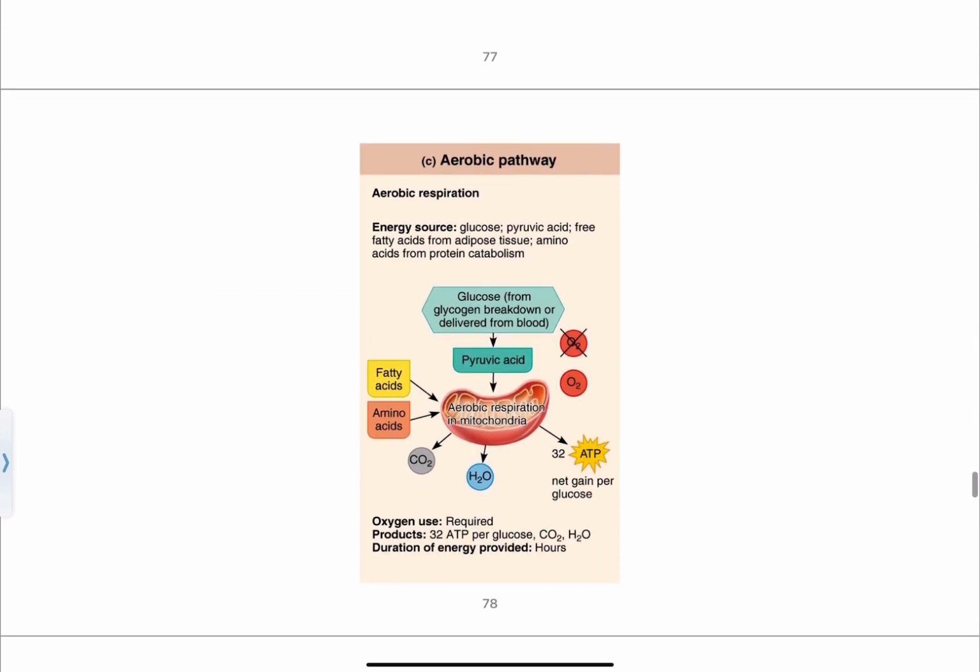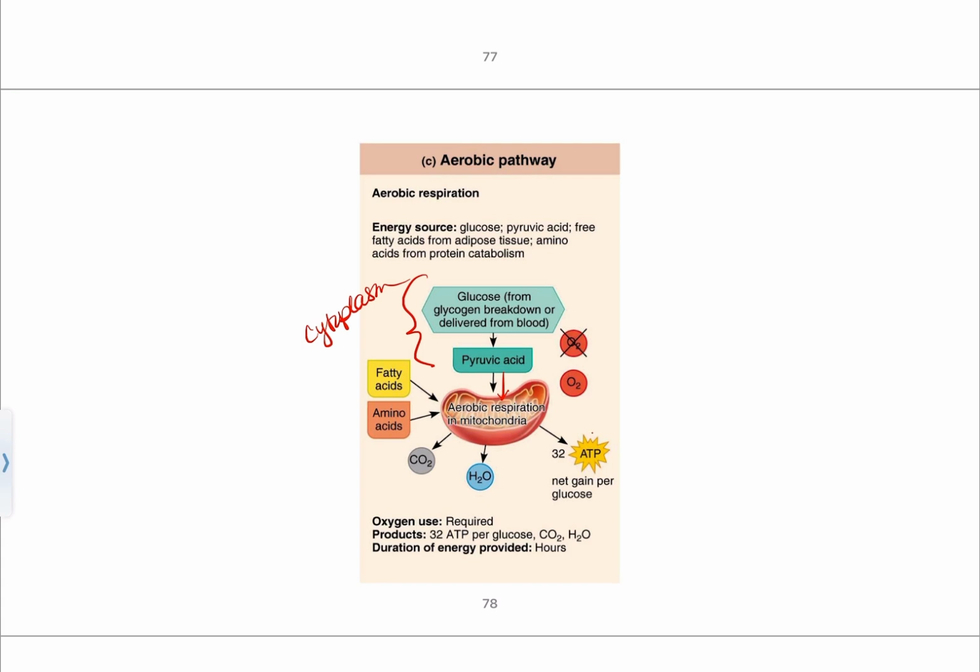So here's just, again, an illustration. We still have glycolysis as part of our aerobic respiration pathway. We're still breaking glucose down into pyruvic acid, but then we take, and again, this is happening in the cytoplasm, but then we can take our pyruvic acid if oxygen is available, and have it enter into the mitochondria, become something called acetyl CoA, go through a cycle called the citric acid cycle, then be transferred to the electron transport chain, undergo oxidative phosphorylation.